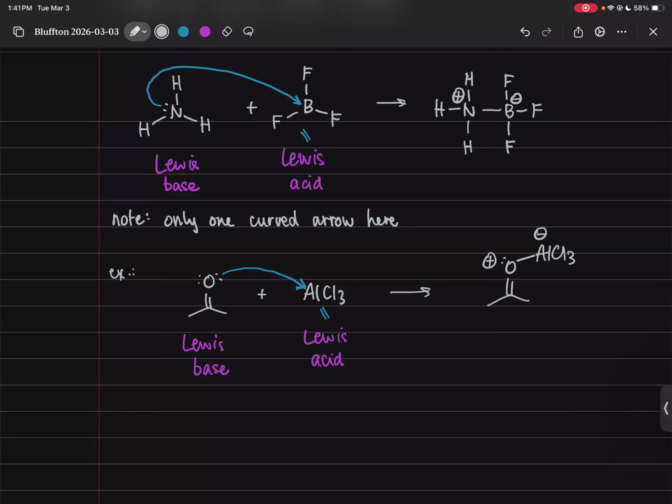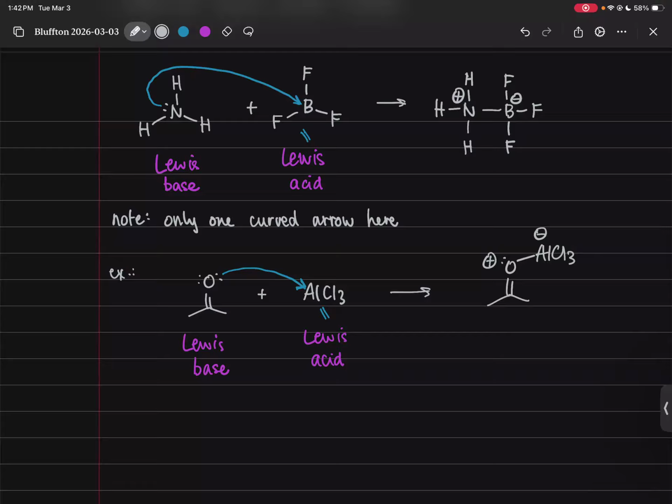Also, not a coincidence that boron and aluminum are in the same group in the periodic table. They can both form a sextet of electrons, so only have 6 electrons. I don't know if you remember that weird rule about boron. It applies to aluminum as well. And it's another reason why they're good Lewis acids, because they can have 6 electrons or they can have 8 electrons.